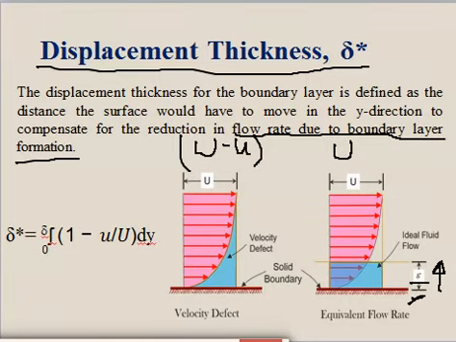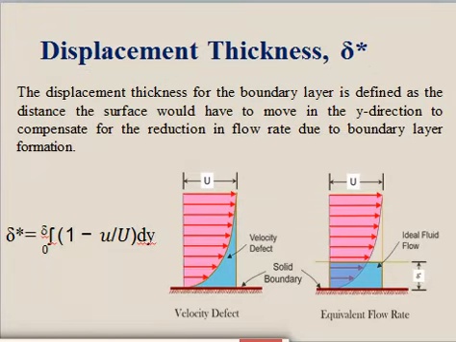Again, quickly we will see the definition. The displacement thickness of a boundary layer is simply defined as the distance perpendicular to the surface, or the distance in the y direction by which the plate is supposed to move to compensate for the reduction in flow rate due to boundary layer formation.